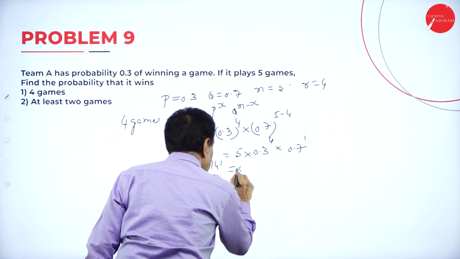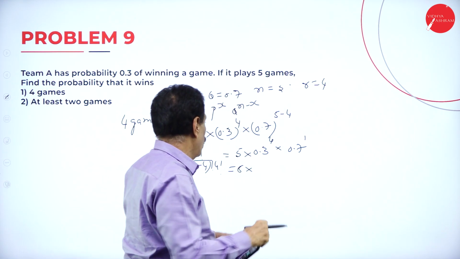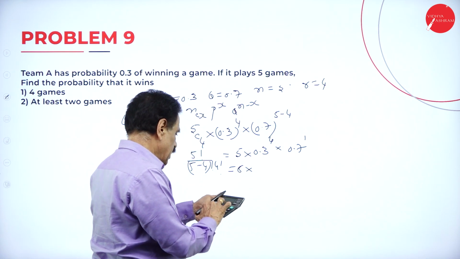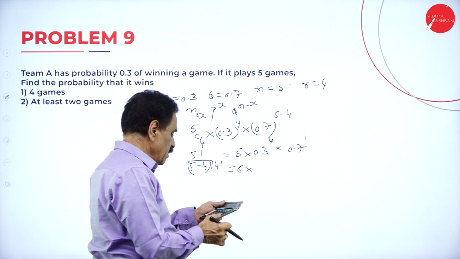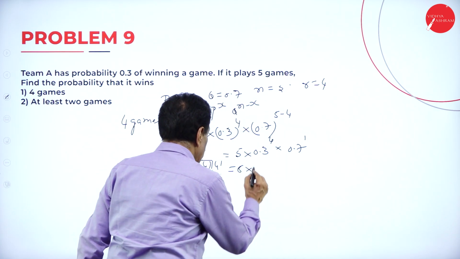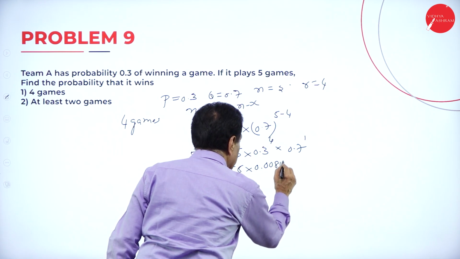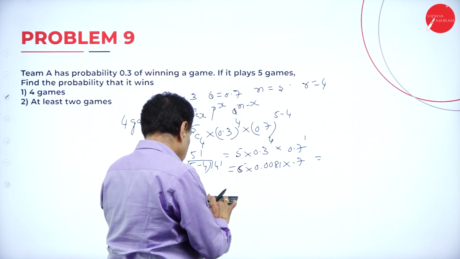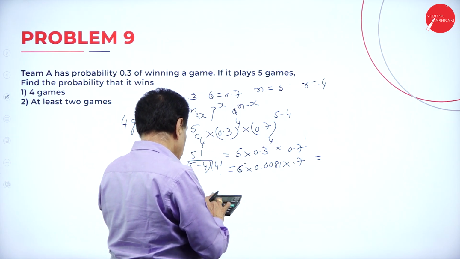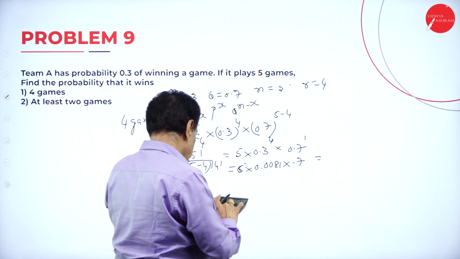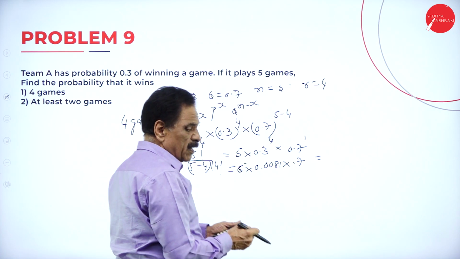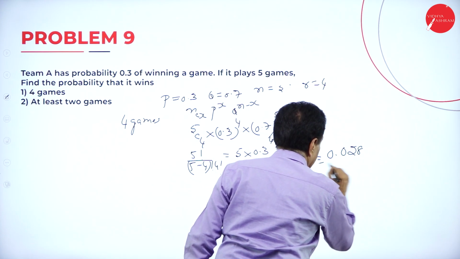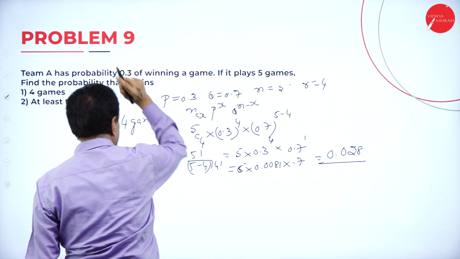This is 5 into 0.3 to the power of 4. 0.3 into 0.3 into 0.3 into 0.3 is 0.0081. 0.0081 into 0.7. So the answer is 5 into 0.0081 into 0.7, which is 0.028. So this goes to 4 games.